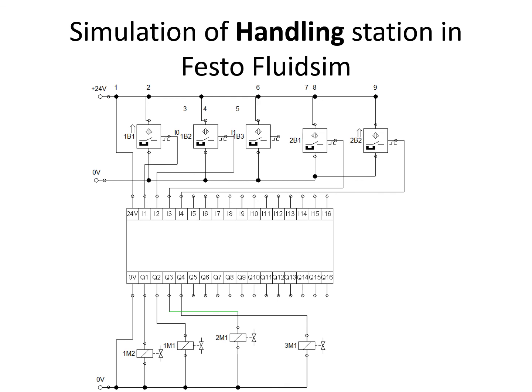Simply here, we are not using a complicated circuit, although you could, or you could program with codesys, or here you could have a graph programming inside Fluid Sim, but instead I'm using a very simple logic inside the PLC, and I will show you.